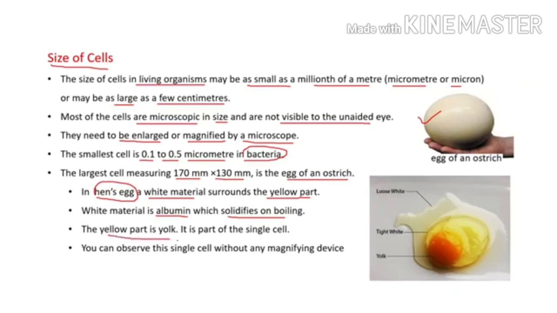It is part of the single cell. You can observe this single cell without any microscope. Yes, dear students, have you seen an egg? So you may see it without any microscope. It is visible to your naked human eyes.